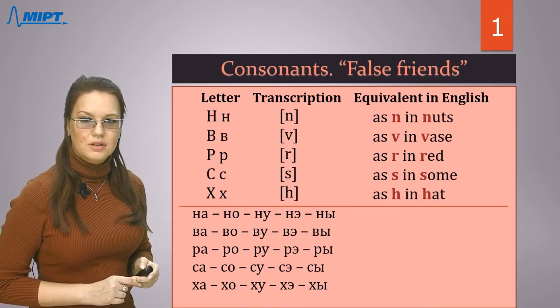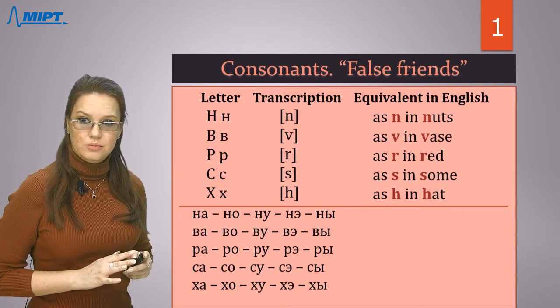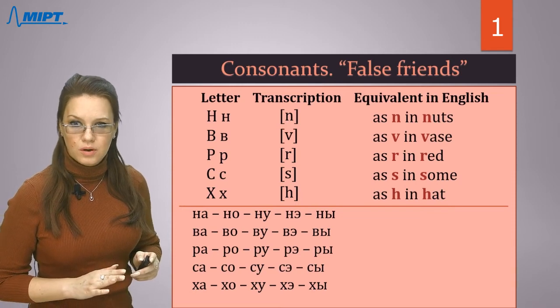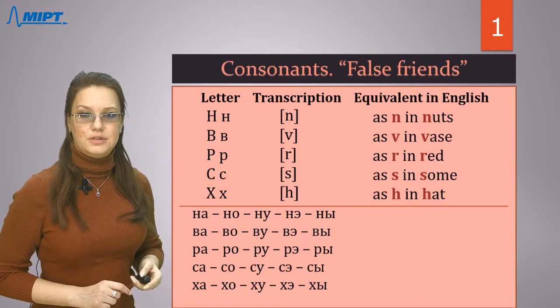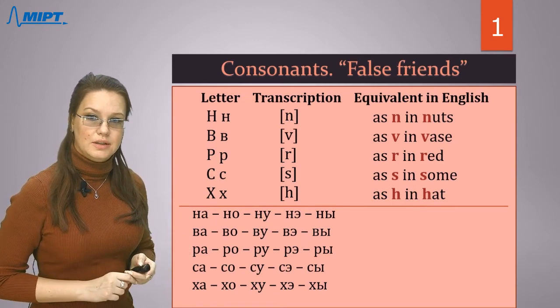Va, vo, vu, ve, vi. I just want to remind you, it's not w, not wa, wo, and so on. It's like the sound v you see here in the transcription. V, v, v. It should be pronounced like this.